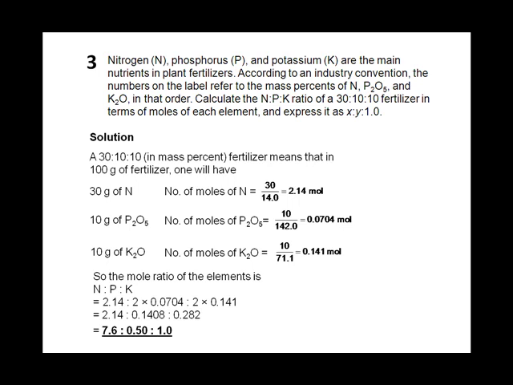So we take 0.282 divided by 0.282 to get 1.0, and we take 2.14 divided by 0.282 to get 7.6, and we also take 0.1408 divided by 0.282 to get 0.50. We have to do this because the question requests us to express the ratio of potassium as 1.